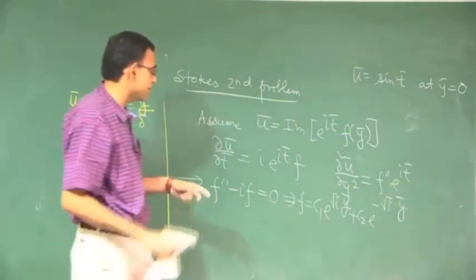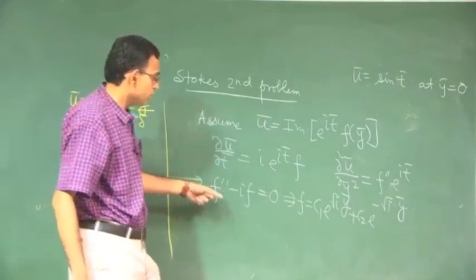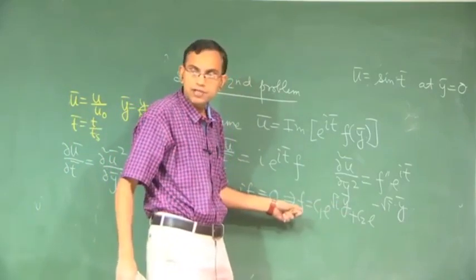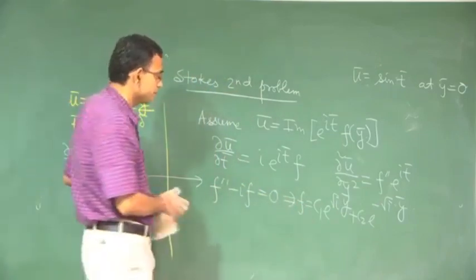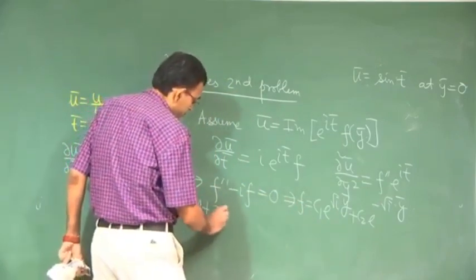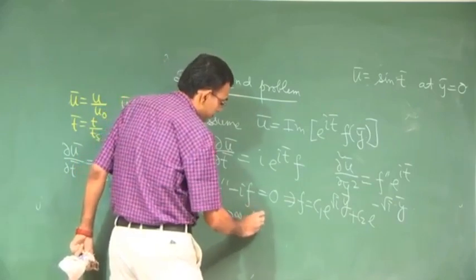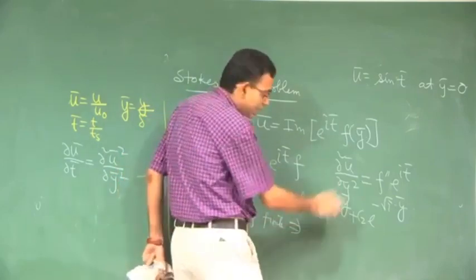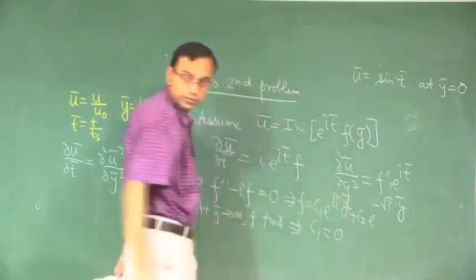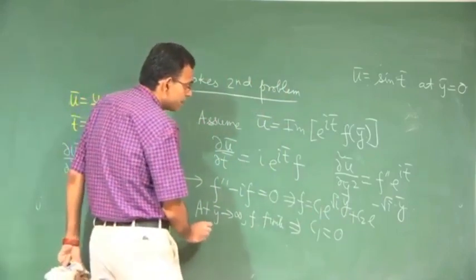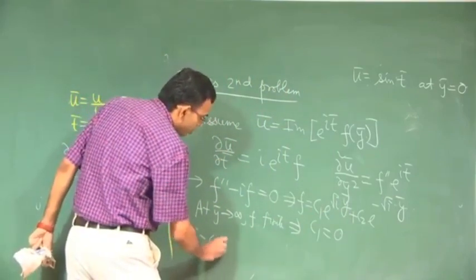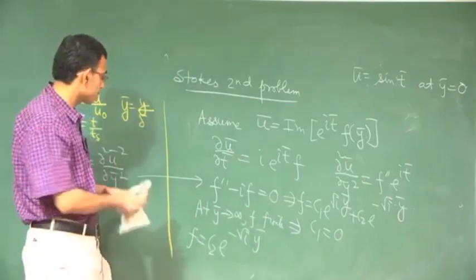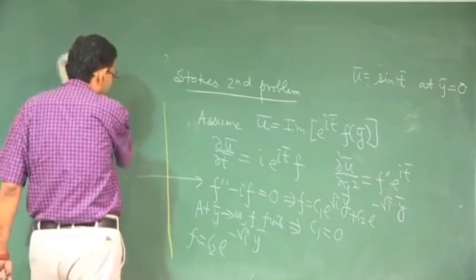The derivative is with respect to y, right. So, if you take that at y tends to infinity, f is finite, then this term should not be there, that means C1 will be equal to 0. So, f is equal to C2 e to the power minus square root of i y, this is an exponential decay.